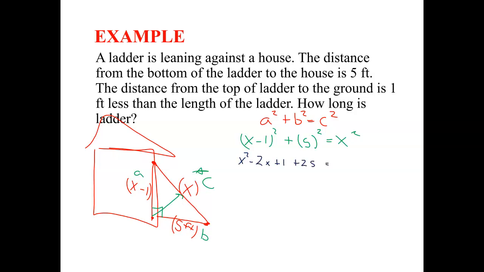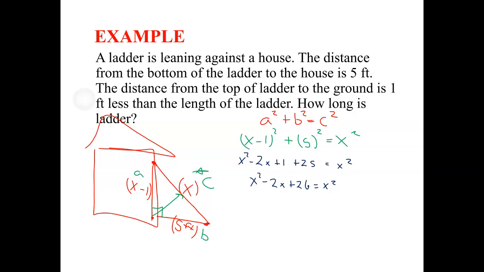Plus 25 for squaring the 5, and we've got x squared. Okay, so now I need to continue to solve. What's going to be next? Combine like terms. I've got the 1 and 25 to get 26.